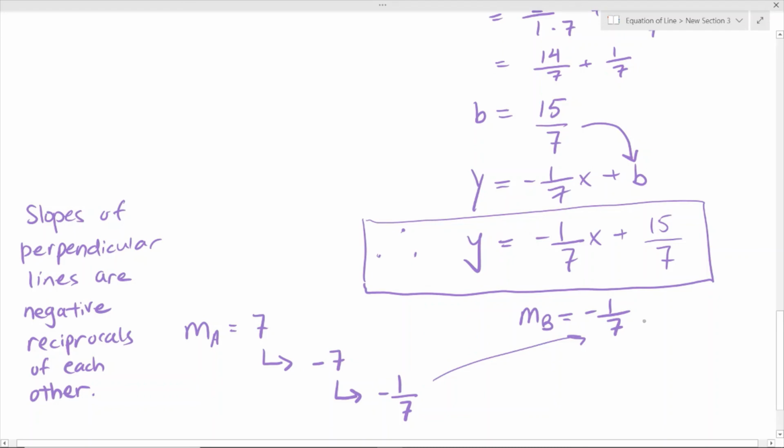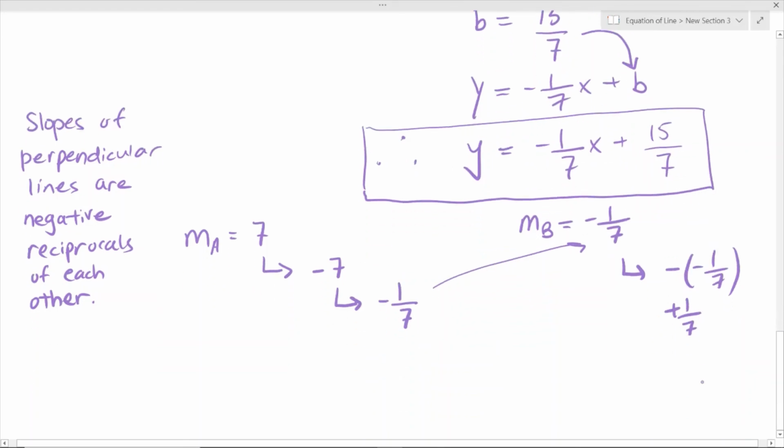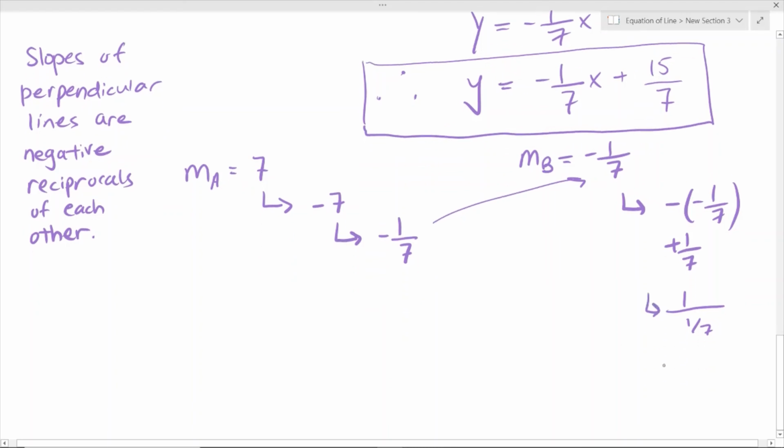Same here, if we basically take this one, right, and let's say we take the negative of this, it's going to be -1 over 7. That's going to become basically +1 over 7. And now we flip that. We flip it over, so it's like we're putting this in the denominator. It's 1 over 7, right? So we flip that. Then it's going to become 1 divided by 1 over 7, right? We take this long division line and we change it to this division.